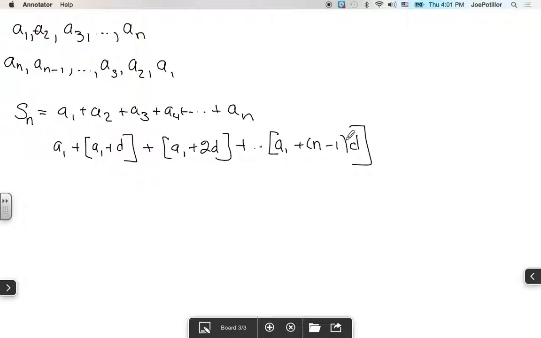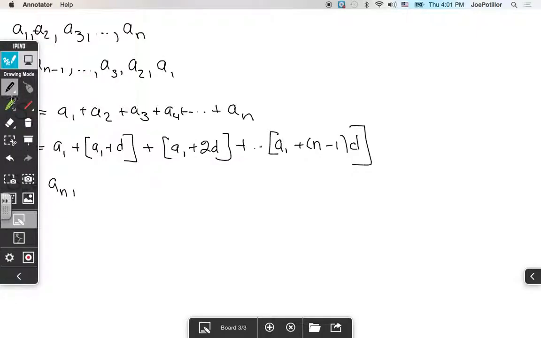Now, you may think that's all there is to it. Not quite. I could also write this in the same way, in of course our decreasing order.